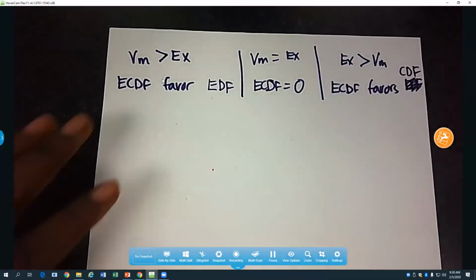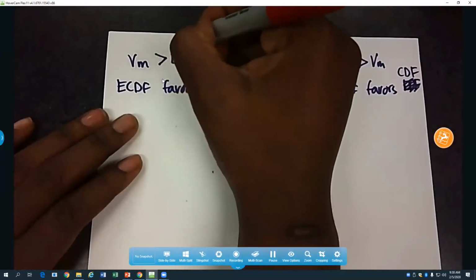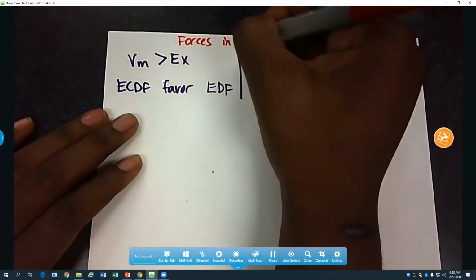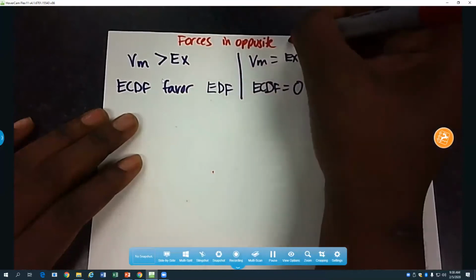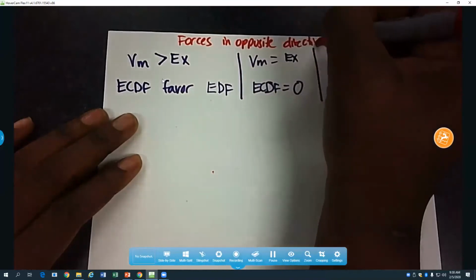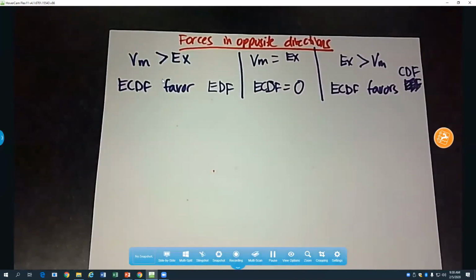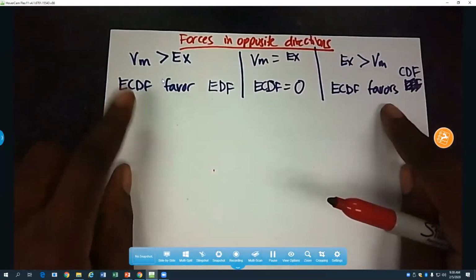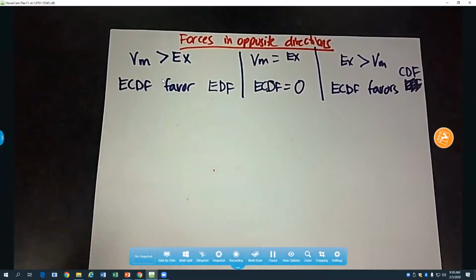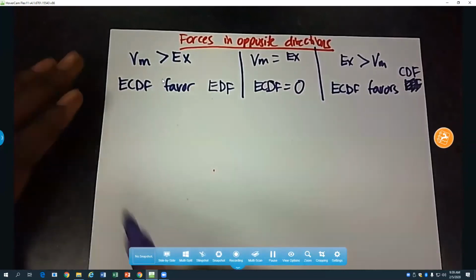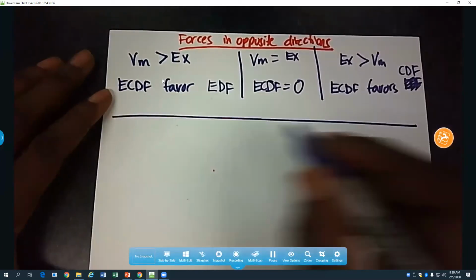And remember, this is only if the forces were in opposite directions. If they're in the same direction, then that's nice and easy and straightforward. They both go in that direction. But if they're in opposite directions, then we have to deduce which force is more dominant.